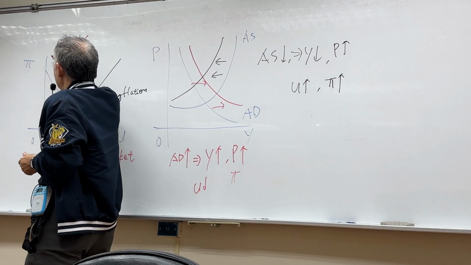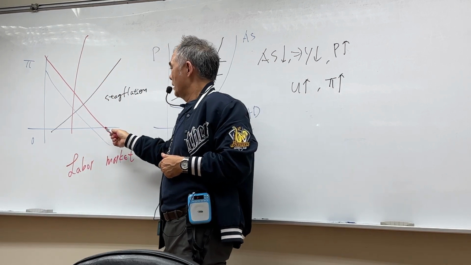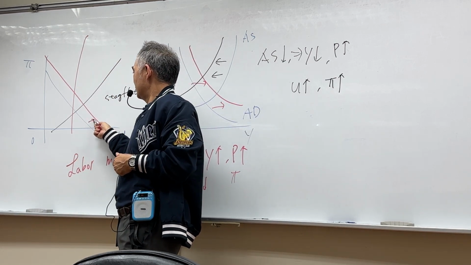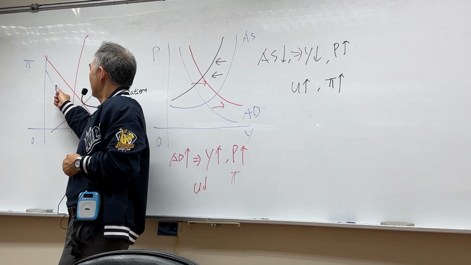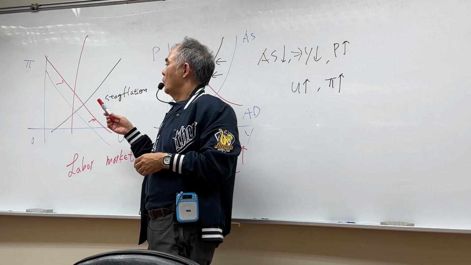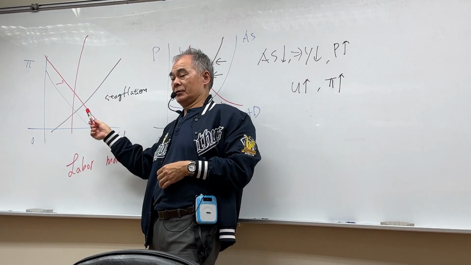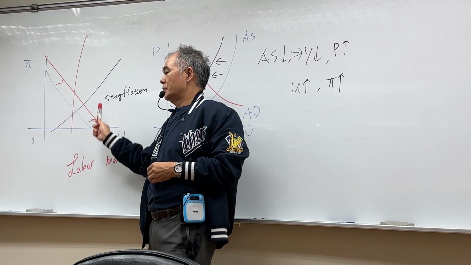This is the new Phillips curve. In the new Phillips curve, the unemployment rate is higher, and the inflation rate is also higher, right? So what factors will shift the Phillips curve to the right?